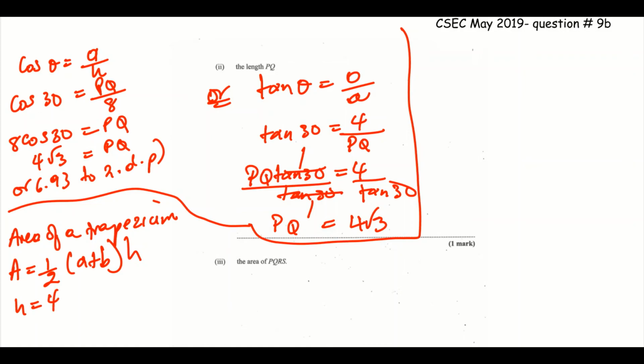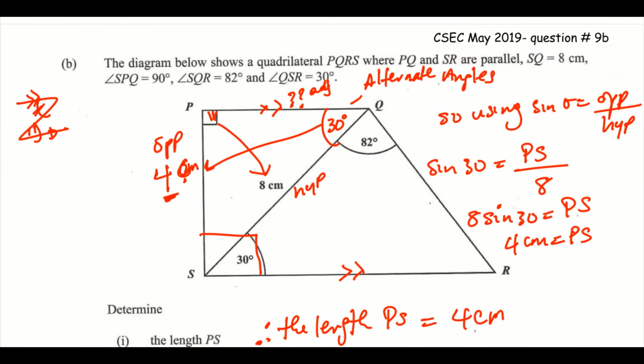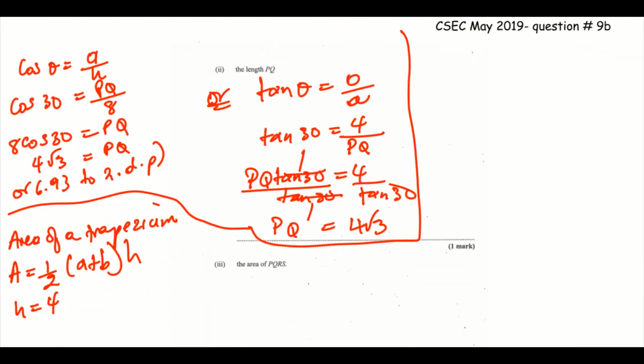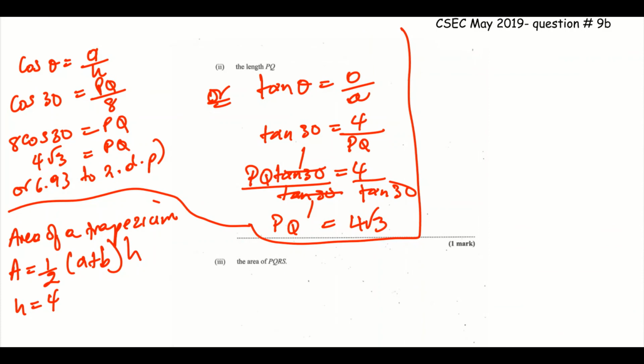Now our a and b, let's check for those. So our a and b are the parallel lines that are opposite to each other. Now we had found PQ, and PQ up here is 4 root 3. So we can tell that our a is 4 root 3, but our b now, do we know our b?